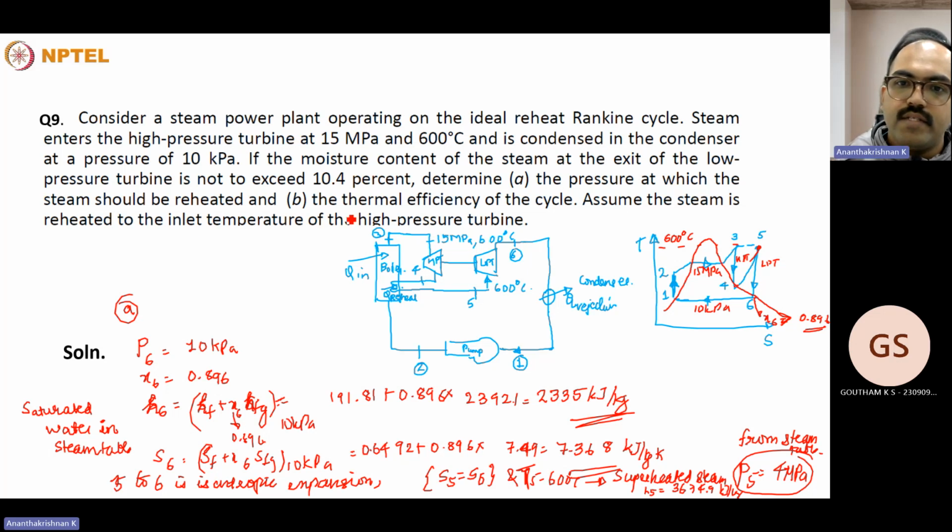We calculate the pressure at which the steam should be reheated to. We have already got this quality of 0.896. We have to reheat it at a new pressure of 4 megapascal. That's significantly lower compared to the 15 megapascal. Okay, so the first part of the problem is over. Now we can move to the second part.